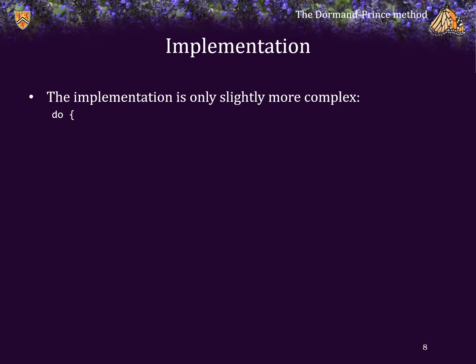The implementation of this is actually not that much more complex. We need to calculate 7 slopes, but the first slope is already the slope at the point tk, and we've already calculated that and put it onto the queue for the slopes. So we're just going to grab that value off of the queue. I'm going to set z to be undefined right now, or initialize to the default value, but we are going to update z.